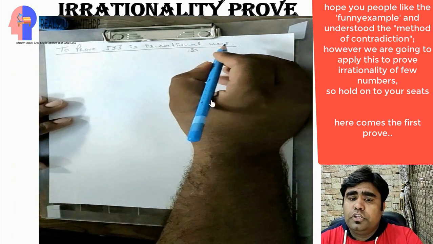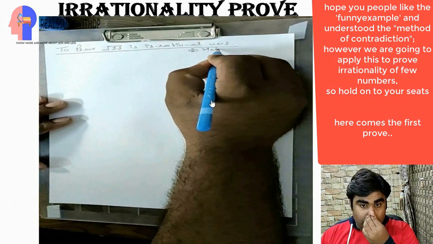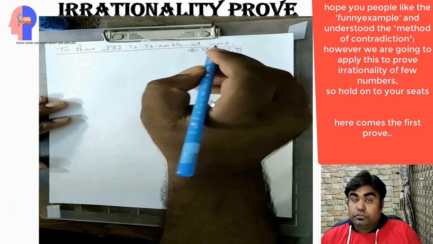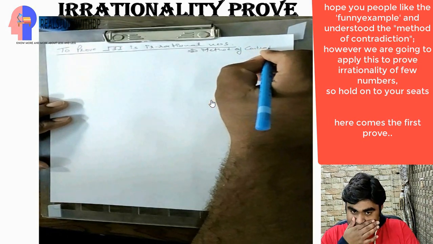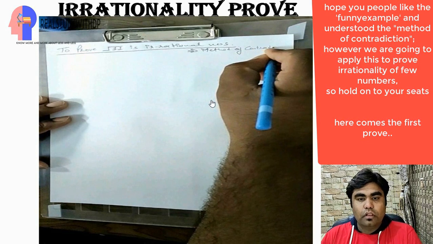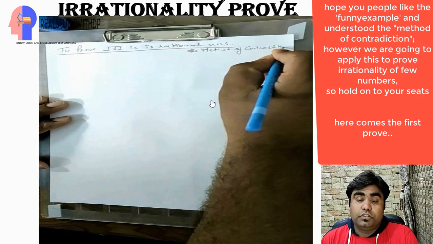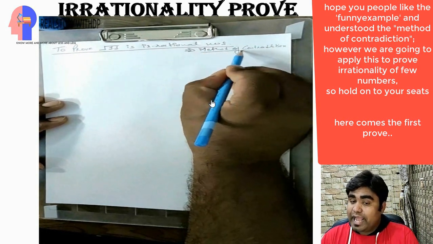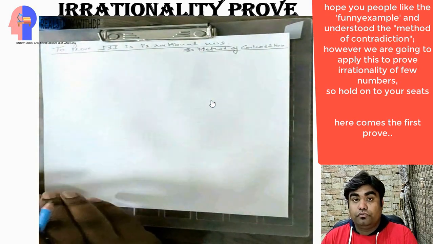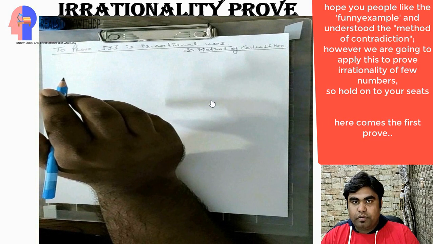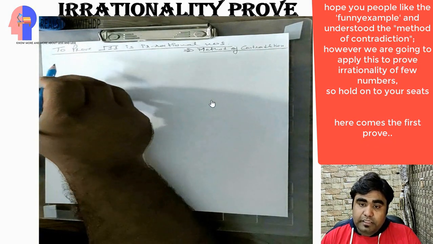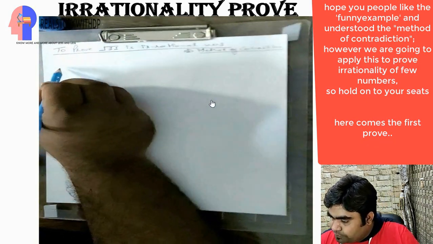Okay, so to prove square root of 11, sometimes I'll be calling it root of 11, to prove square root of 11 is an irrational number, which is a fact, by the way. Right now we are going to prove it, and that by the method of contradiction.